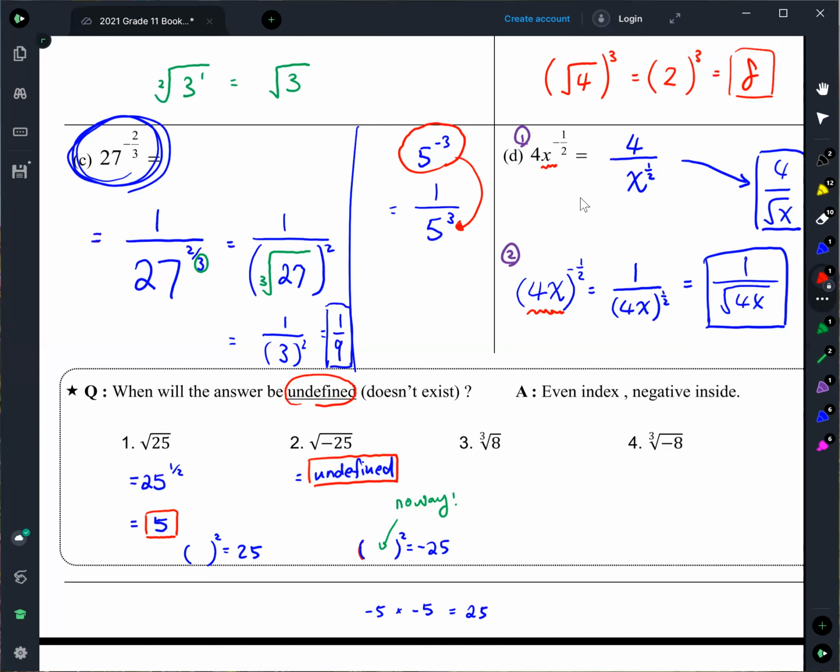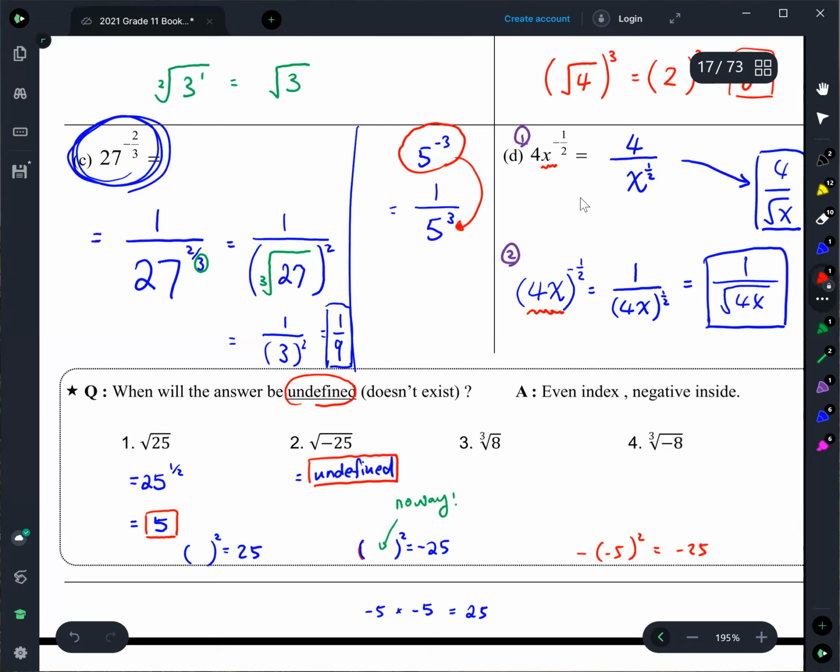Okay, so Wilson said, negative times -5 squared. Yes, this one will equal to -25. Okay, but then, when we square root something, you have to look at the question, right? Let me write it on the side.